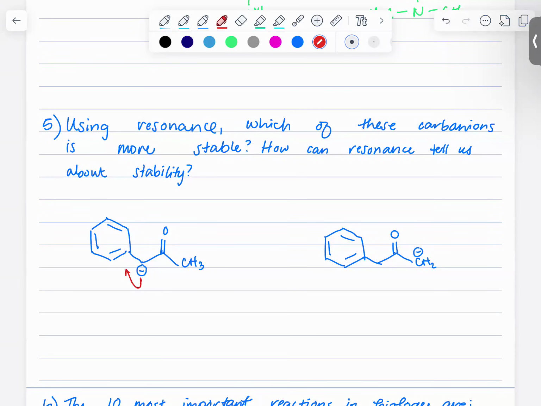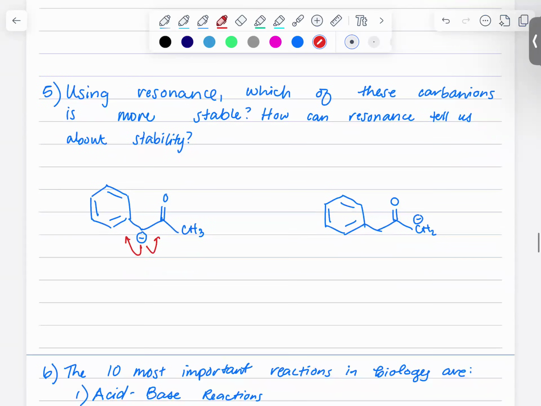So, in the left, they can be delocalized through the benzene ring and to that carbonyl. Where can they be delocalized in the structure on the right? It can only go up to the carbonyl.